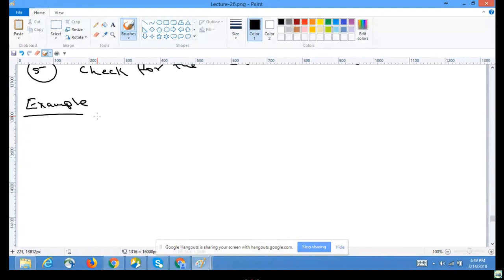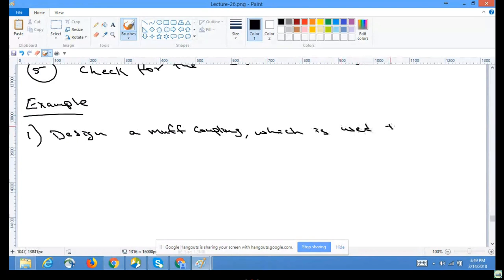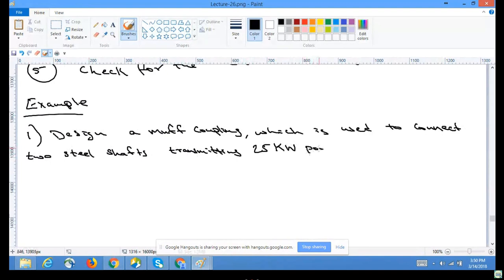Consider designing a muff coupling which is used to connect two steel shafts transmitting 25 kilowatts of power at 360 RPM.